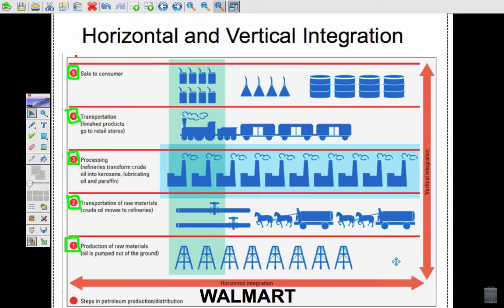Walmart controls each step. So, for example, Walmart goes out and buys, let's say, banana fields. The banana fields would be step one. They grow the bananas on these fields. They then have to transport the bananas, and Walmart owns that transportation system.